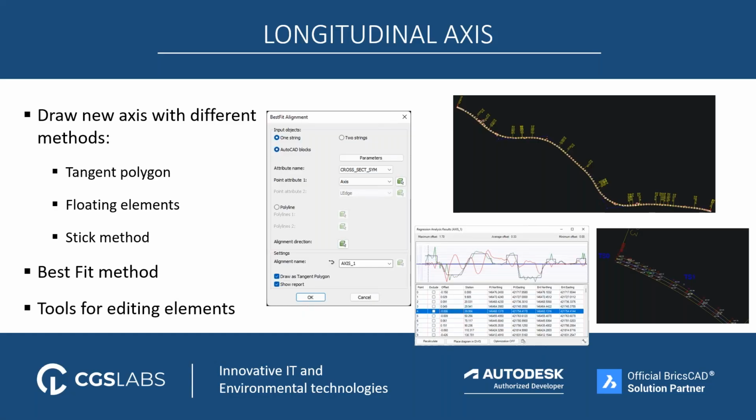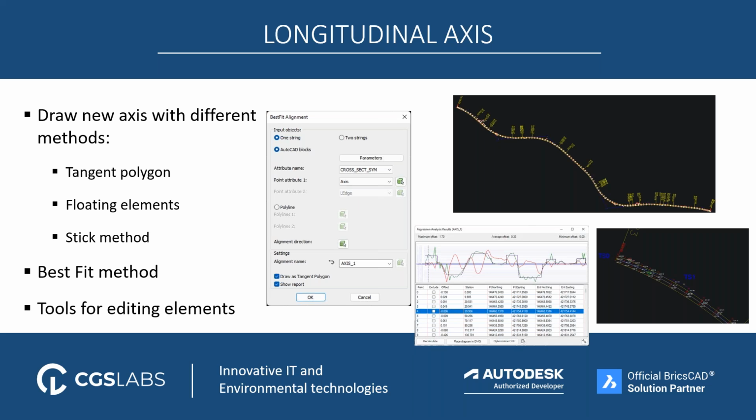So we can create the longitudinal axis with different methods. Of course, we can draw a new axis with the PLATEIA commands such as tangent, polygon, floating elements, and stick method. We also have some convert possibilities, but in this case we will use the best fit method.